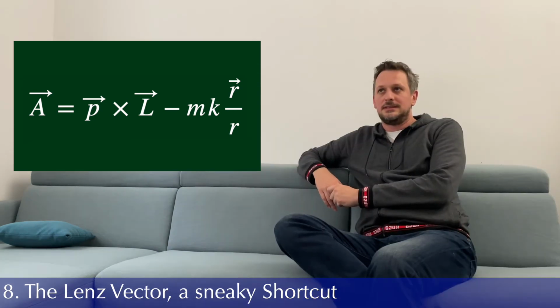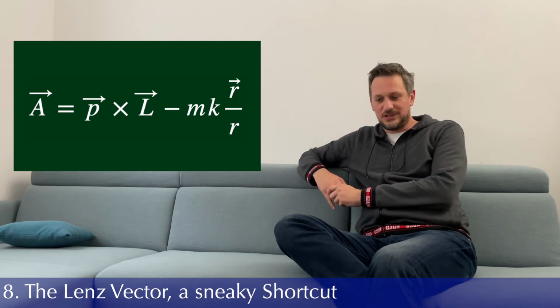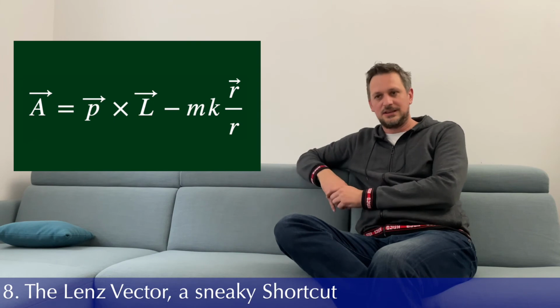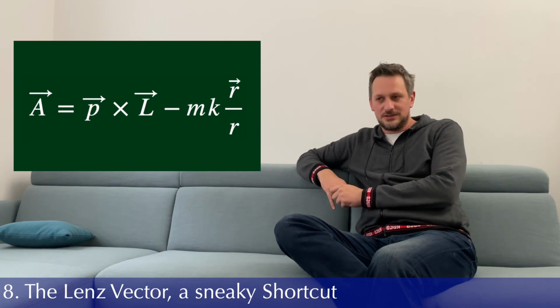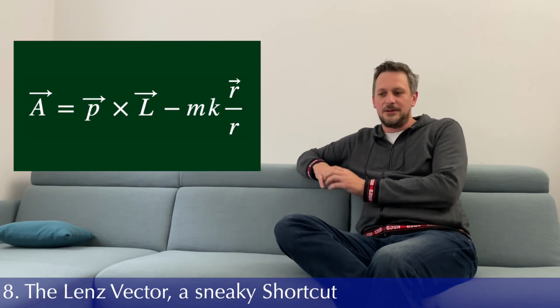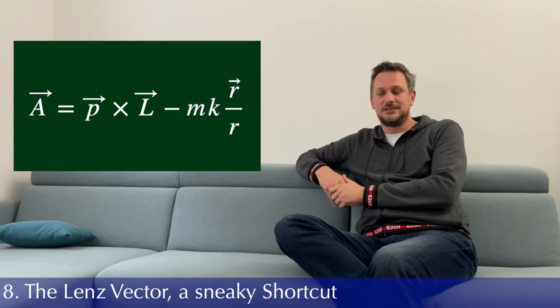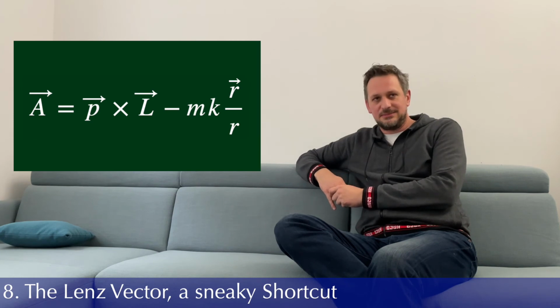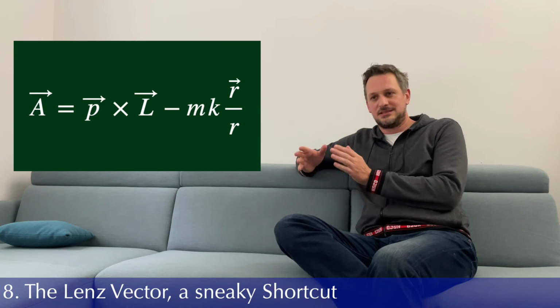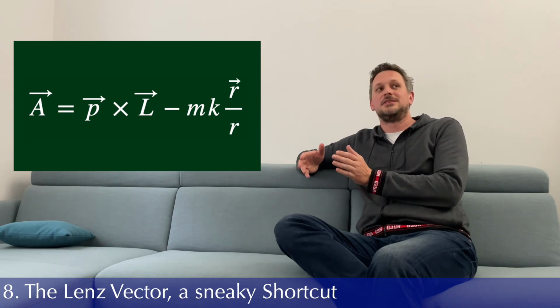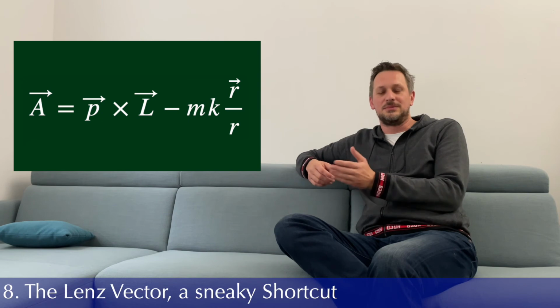Actually using this vector in the calculation is the ultimate cheat code you could have for this problem, because it means that you don't have to integrate at all and you don't have to solve any differential equation at all. The reason why I did not use it was because while it is great for actually practically calculating stuff, from a theoretical standpoint, it's not terribly useful. So while it gives us the solution really quickly, there's nothing much to learn from it or to understand from it.